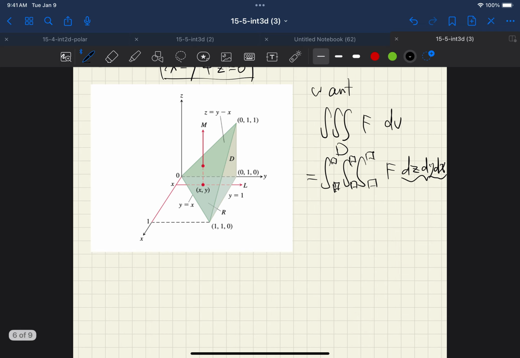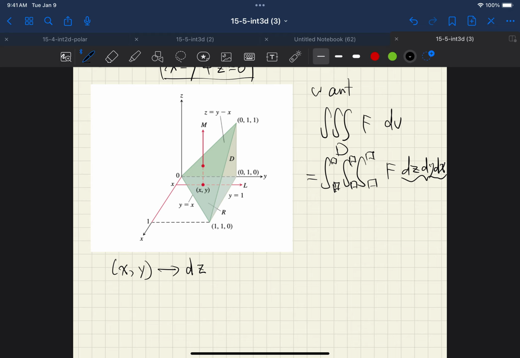So what we do is, first we fix y and x and look at dz. dz means differential of z. Basically, you want to know what is the change of z given x and y. So we fix x and y, and then we look at the range of z.